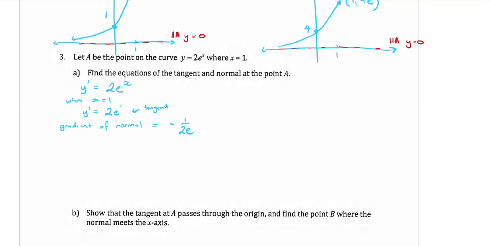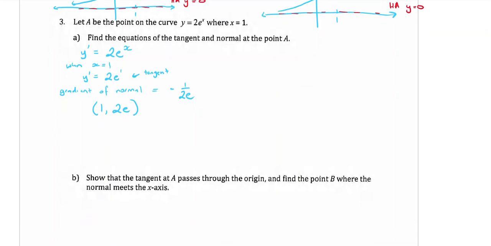So I have the gradient of my tangent, I have the gradient of my normal, and I need to find the equations of both of them, which means I also need a point. Do I have a point? I have an x value, it's not a point. All right, so what do? Sub 1 into there. So my point is going to be 1, because that was the x value, and then 2e to the 1, or just 2e. There's my point.